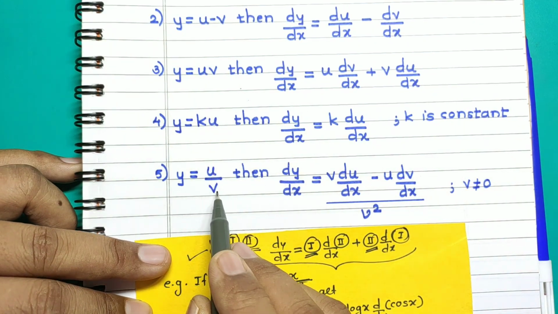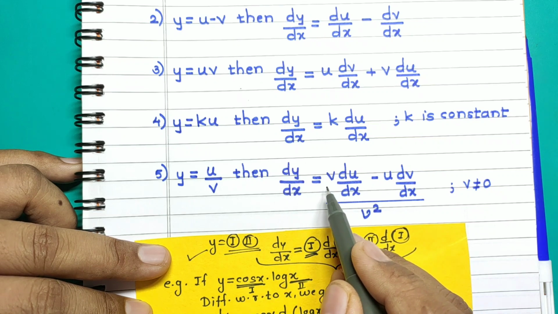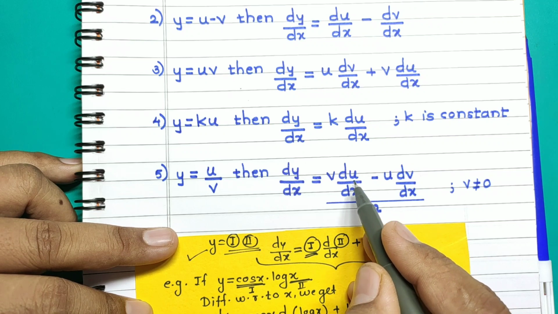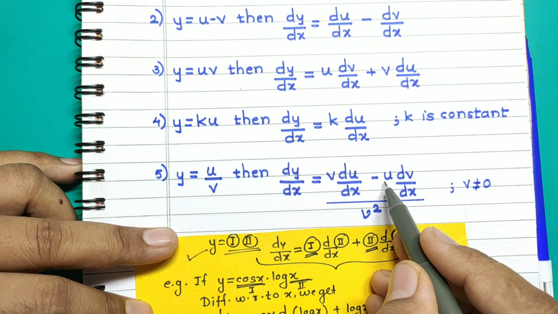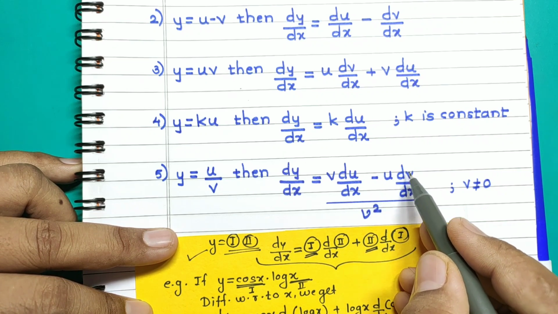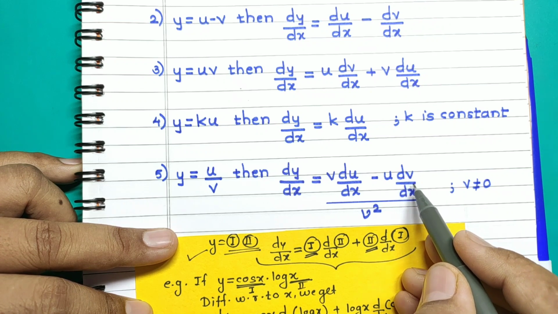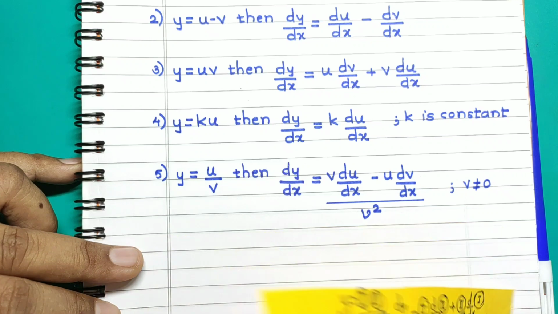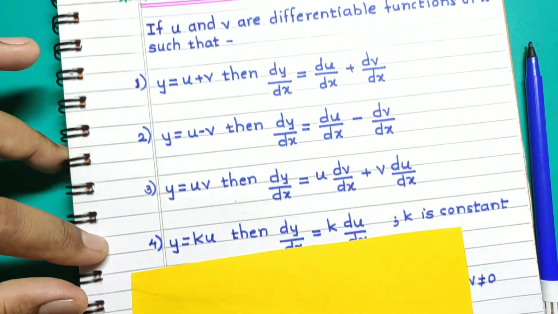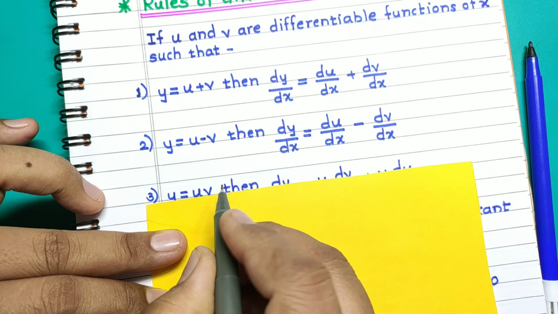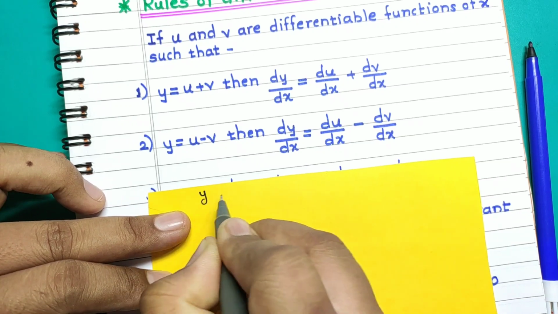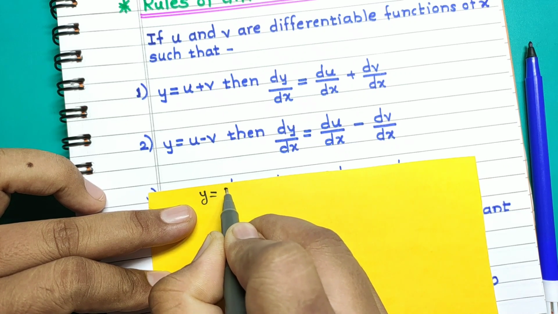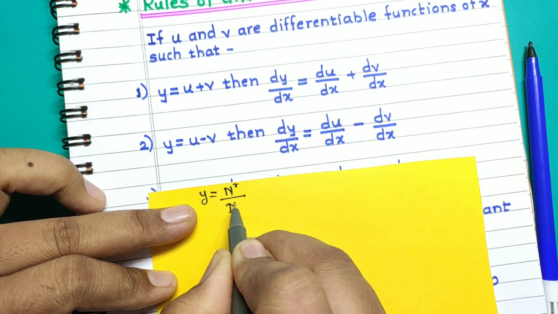Okay, let's go to next rule. If y is equal to u by v, then dy by dx is equal to v as it is into derivative of u, that is du by dx, minus u as it is into derivative of v, which is dv by dx, upon v square. So how to remember this rule? See, just for our understanding, consider this function as y is equal to numerator upon denominator.